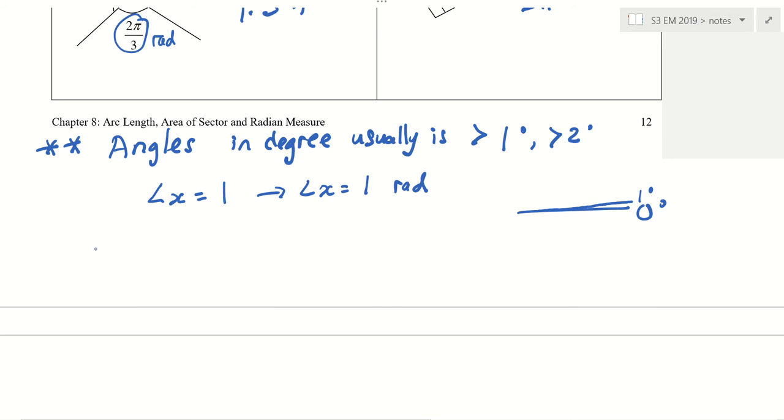Try, everyone. Tell me the angle in degree, everyone. 1 radian is equal to how many degree? 57. Correct.